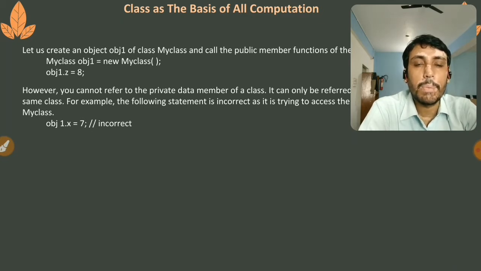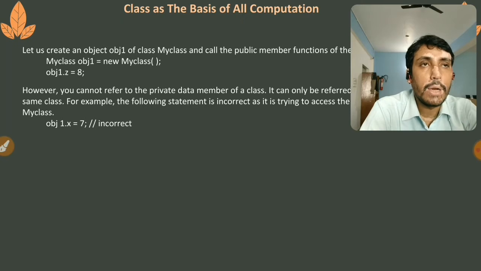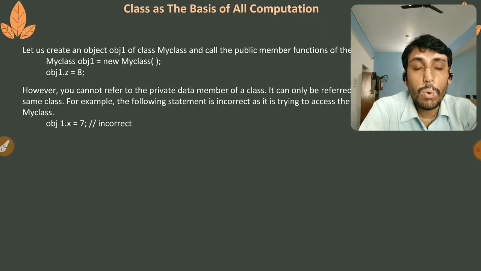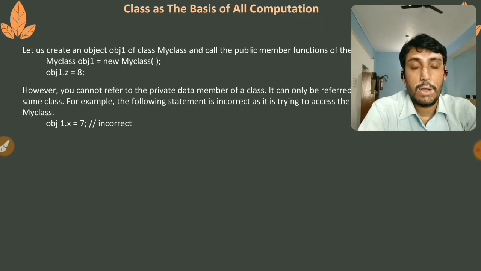It's incorrect because it's private. In the previous example we have seen that x and y were declared as private, but z was declared as public. So for public you are able to assign very easily, but in the case of private, when you try to assign a value, the compiler will show you an error.